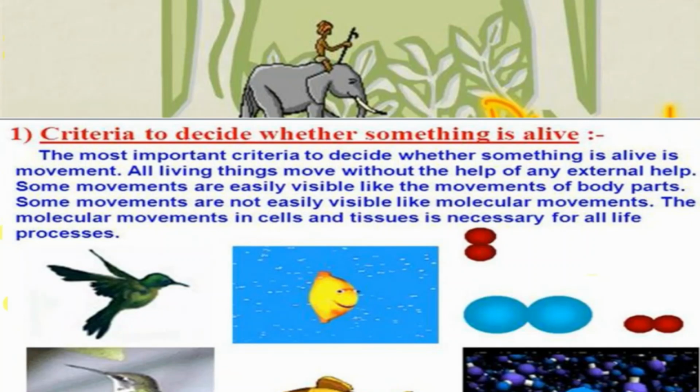But gradually we are explaining things in a particular manner. That means even if movement is not visible, the organism is still living, because inside their body there is some molecular movement going on.